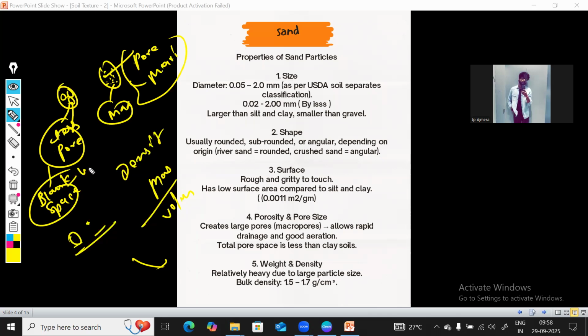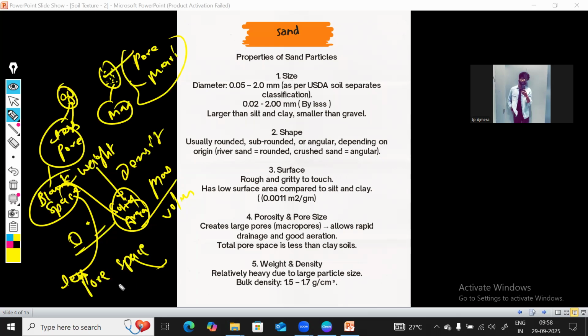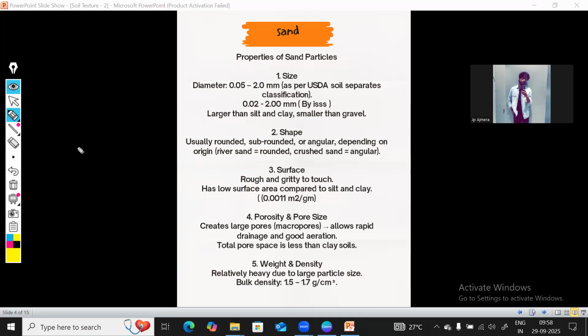Where would the weight be maximum? Weight is held by solids, the area covered by something. Where we have less pore space, we have more solid, so the weight will be the maximum here. For the same volume, the weight will be higher in sand.